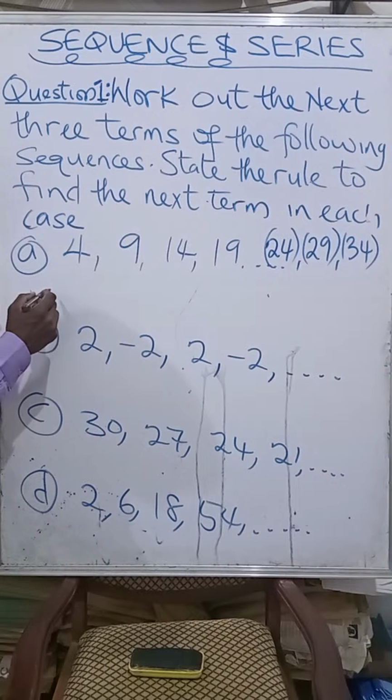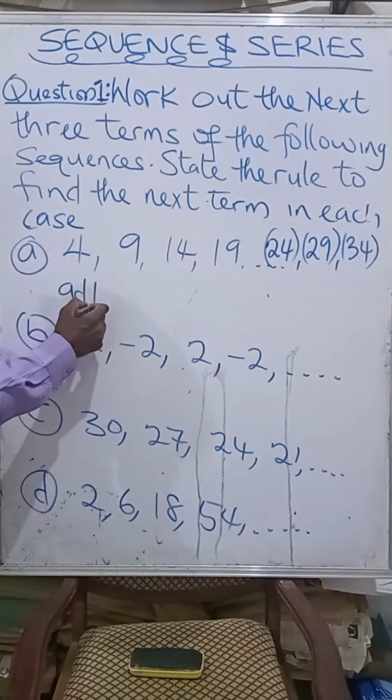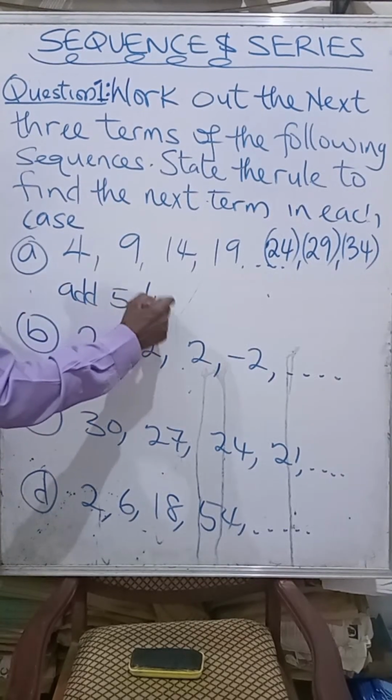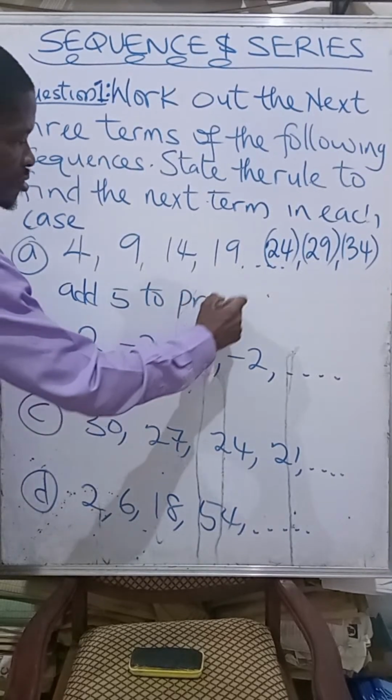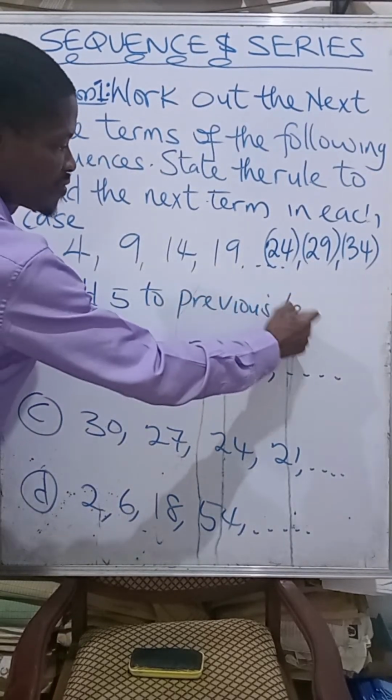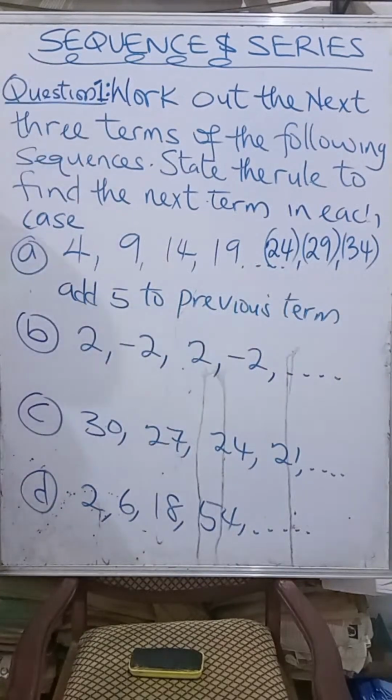So the rule is what? Add 5 to the previous term, or to the previous number.